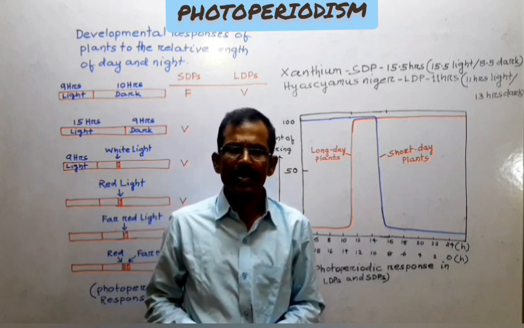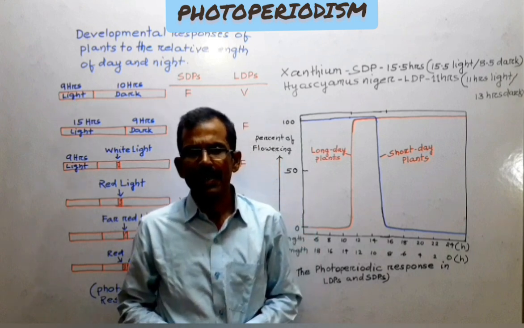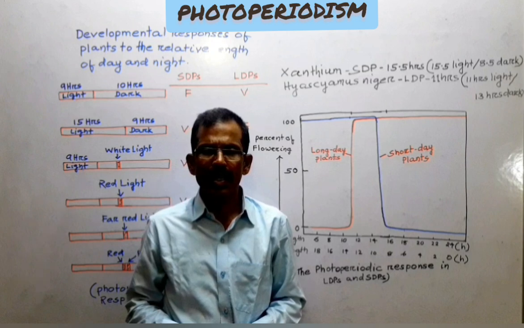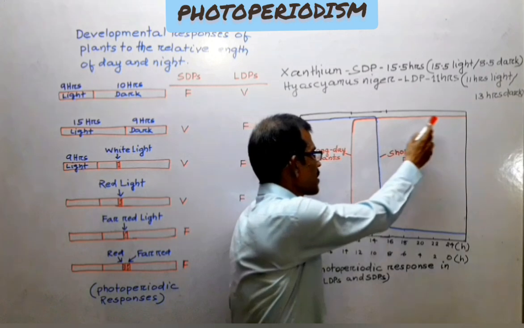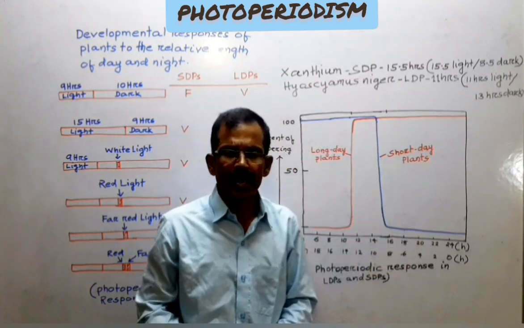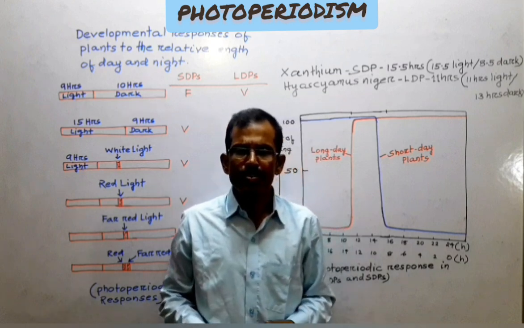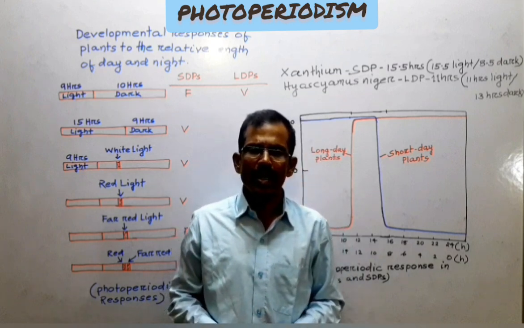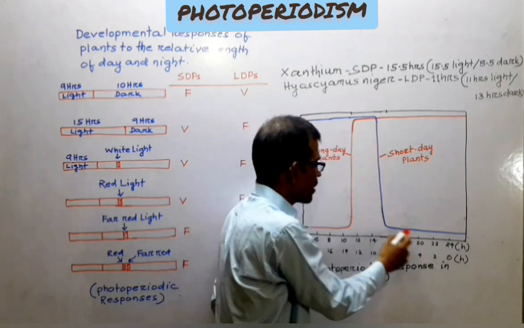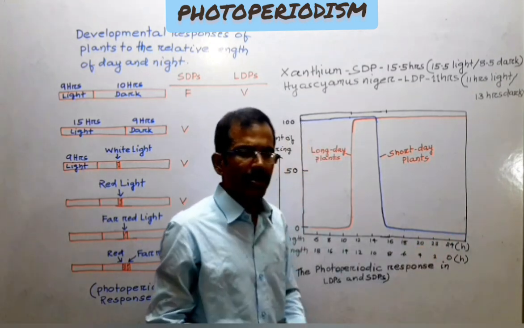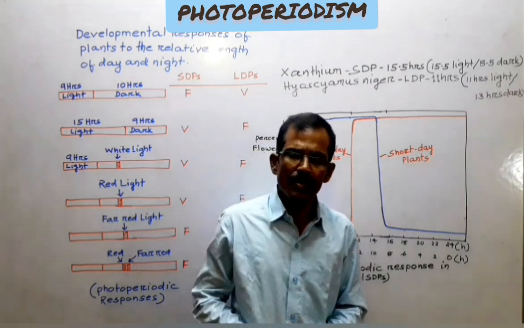The essential distinction between long day and short day plants is that in long day plants, flowering is promoted only when the day length exceeds a certain duration, termed the critical day length, in every 24-hour cycle, whereas promotion of flowering in short day plants requires a day length that is less than the critical day length. The absolute value of critical day length varies widely among species.